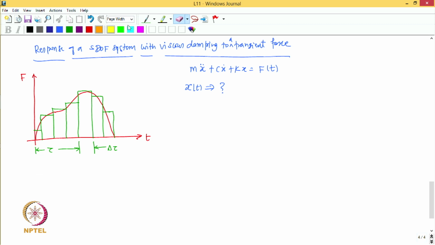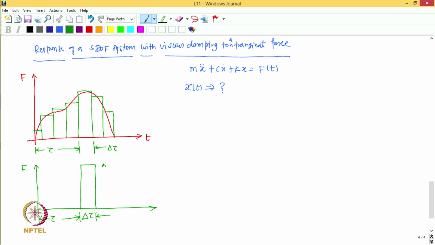We are looking at this fourth step now, at location tau seconds and of width delta tau. Now this step can be approximated as an impulse of strength f tau.